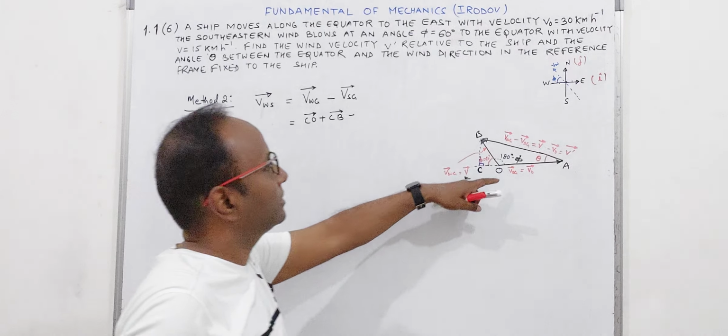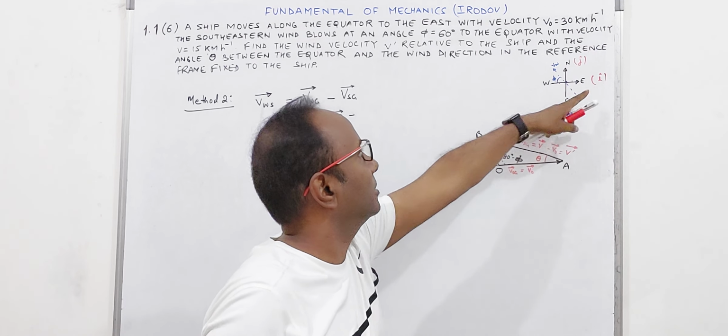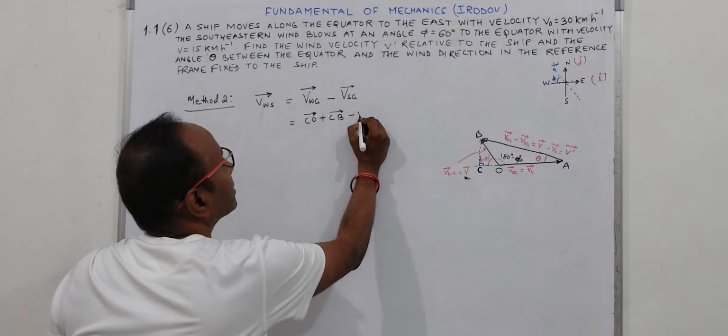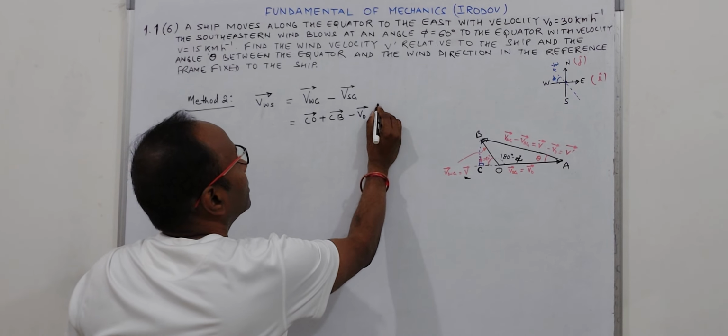And VSG is simply heading in the east direction, means i. So you can straight away write v0 i.